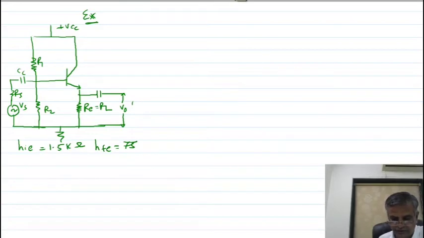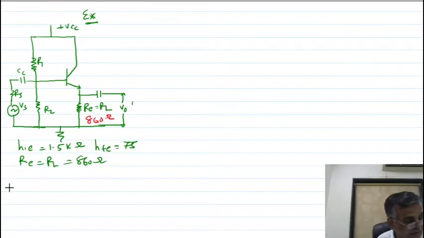So in this voltage series feedback amplifier, or you can say common collector circuit amplifier or emitter follower circuit, these values are given: HIE is 1.5 kilo, HFE is 75, RE is equal to RL, they have given 860 ohm.